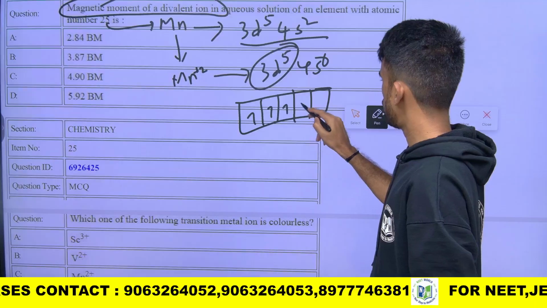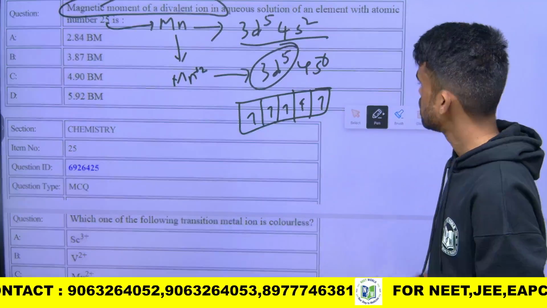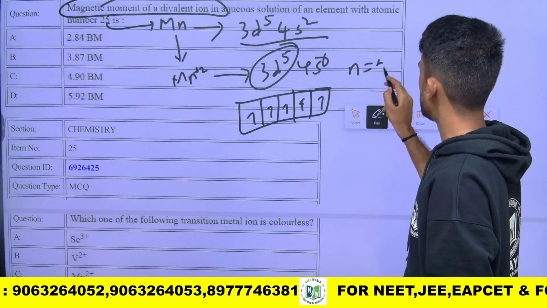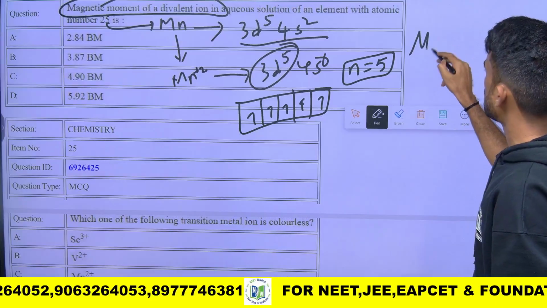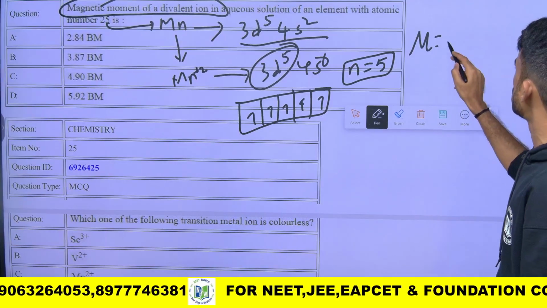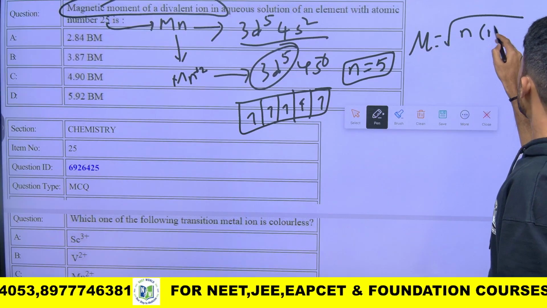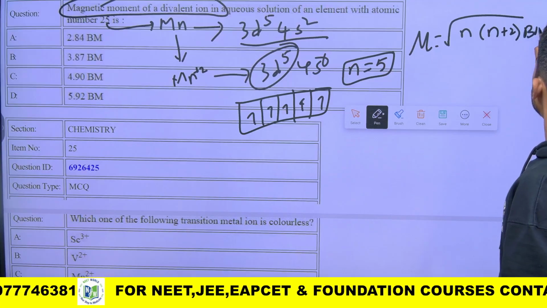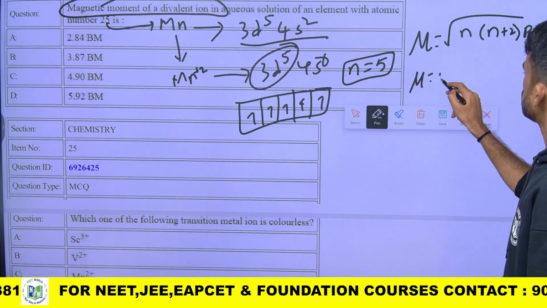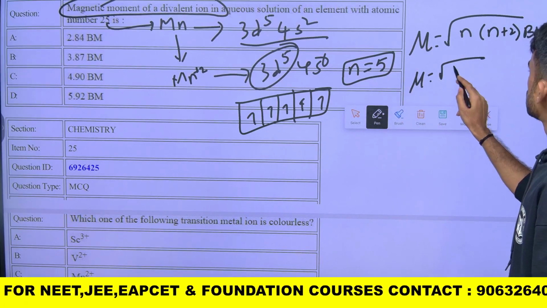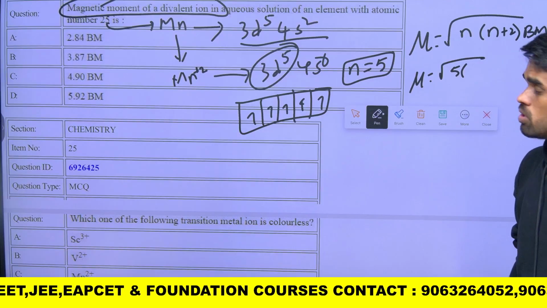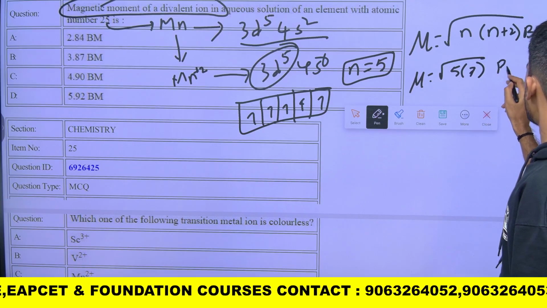1, 2, 3, 4, 5. 5 unpaired electrons. So now if unpaired electrons are 5, what is the magnetic moment formula? Spin only magnetic moment, mu equals root over n into n plus 2 Bohr magneton. This is the formula you can use. Mu equals root over, n value is 5, so 5 into 5 plus 2, 7 Bohr magnetons.